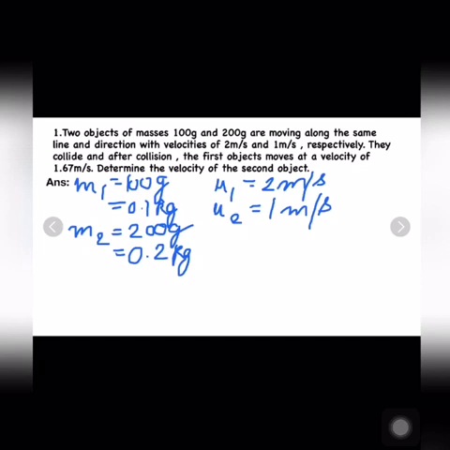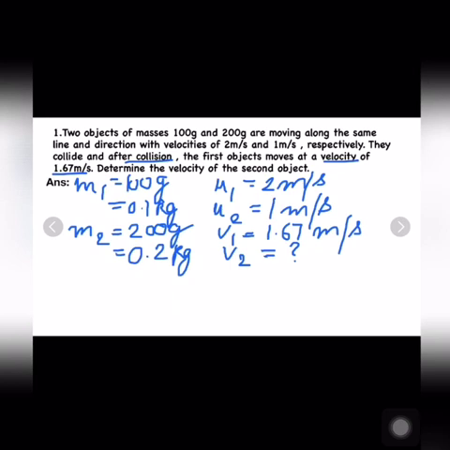Now velocity of first object after collision. Now after collision, velocity, that is v1, is given to you as 1.67 meter per second, and you have to find out the velocity of the second object after collision.